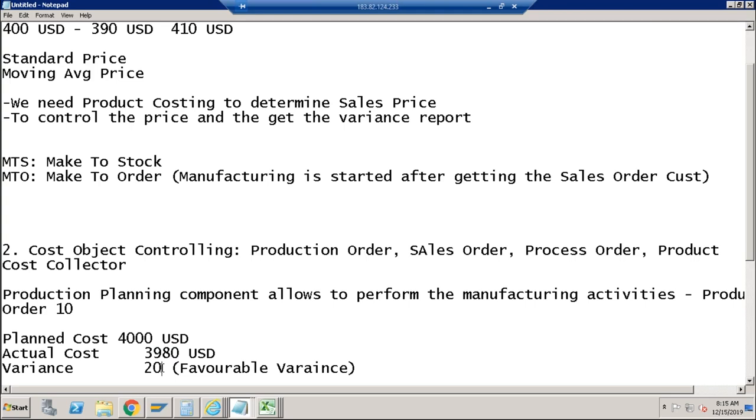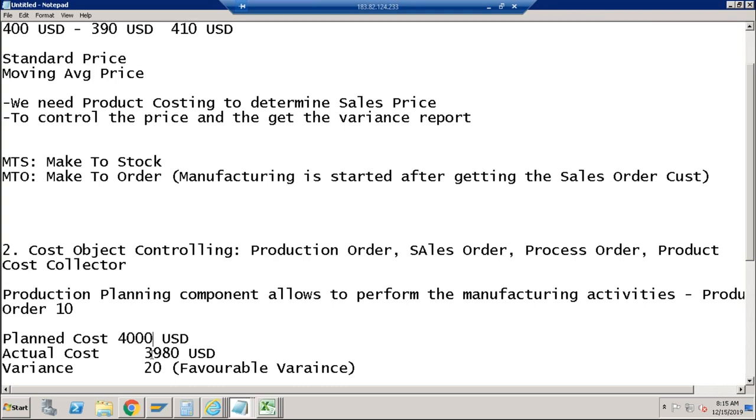We are booking this separately because if our standard cost is 4000 and the production department is actually performing this production order and manufactures this particular product at 4100, for example, then there is an unfavorable variance of 100.